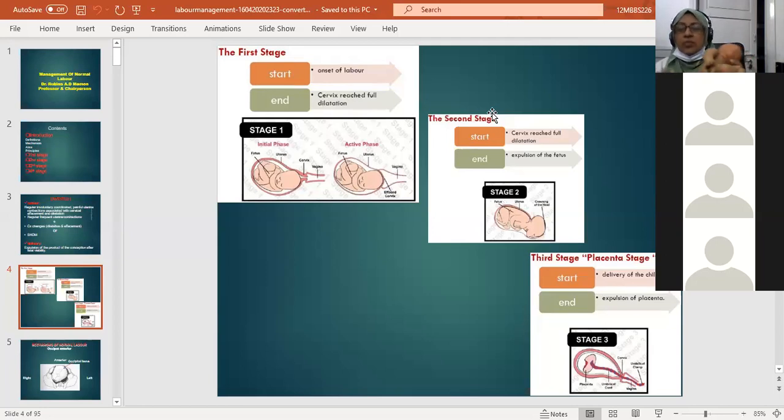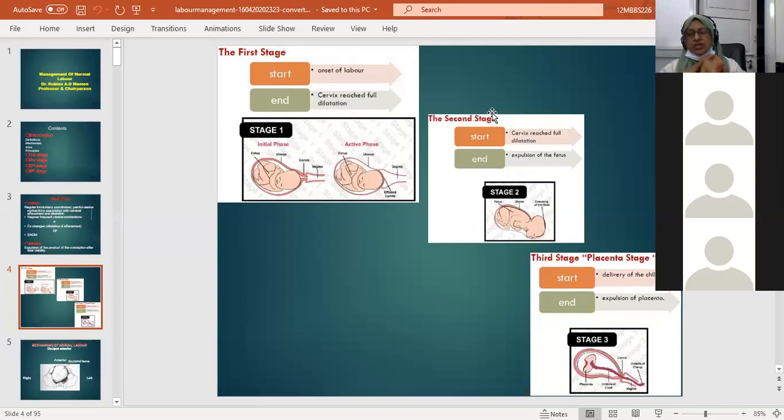For normal labor, longitudinal lie and cephalic presentation are needed. Presentation is the portion of the fetus which has a relationship with the pelvis. If the head is coming into the lower uterine segment, it is known as cephalic presentation.